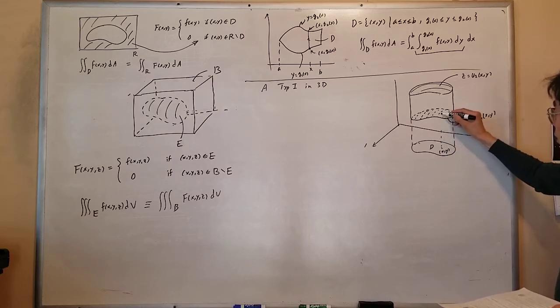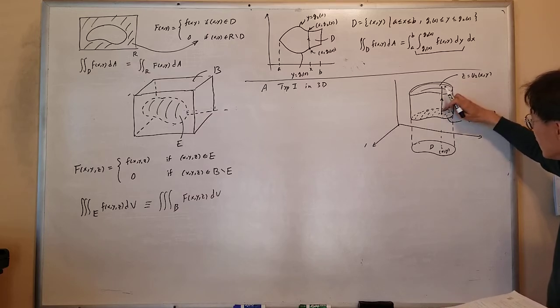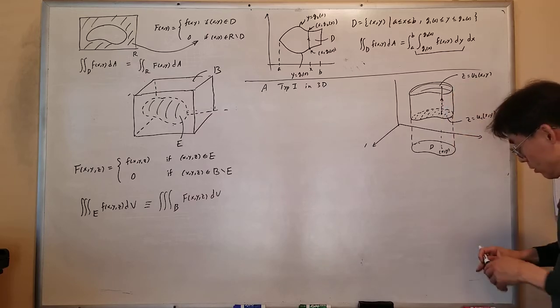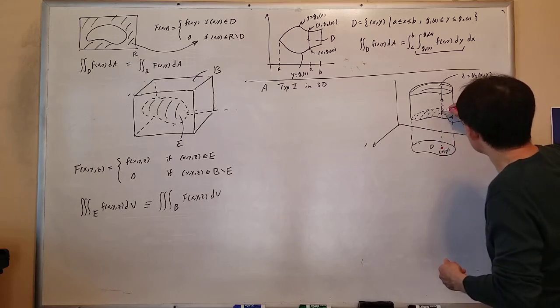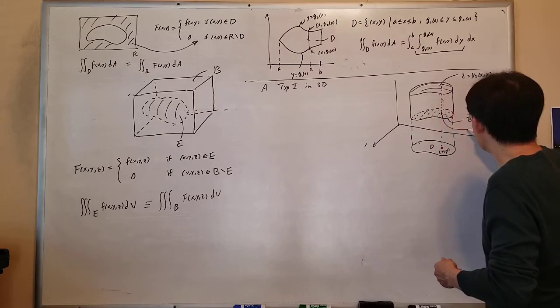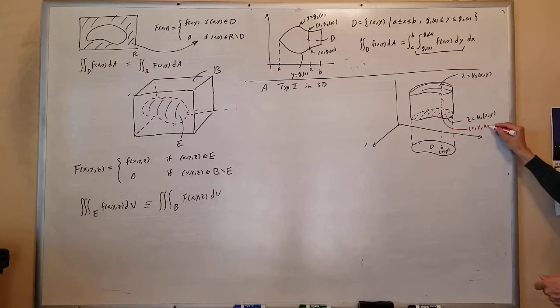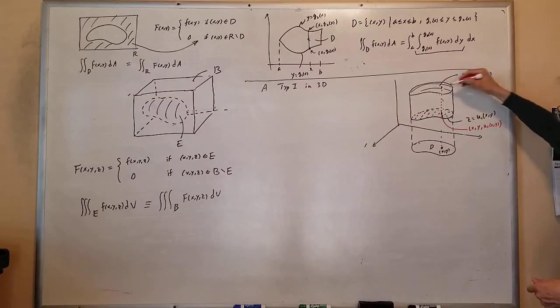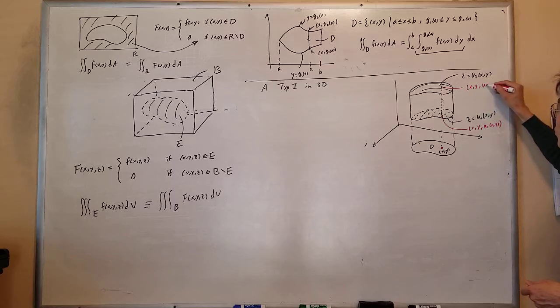So your point is starting from here, ending here, going like this, inside. If you want, you can think about it for given (x, y), penetrating here and leaving here, right? So the starting value, for given (x, y), is u1 of x, y. And this point is, for given (x, y), u2 of x, y.